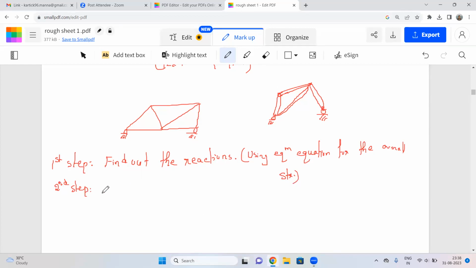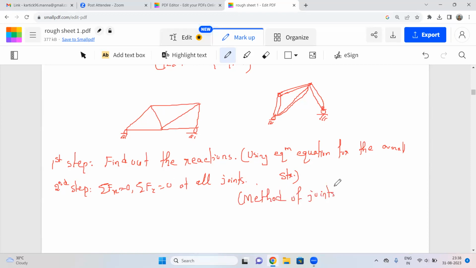And then in the second step, if you use the method of joint, then you need to find out the equilibrium equations, the two equations, at all joints. By this you can find out the forces at each member. That is your method of joint.